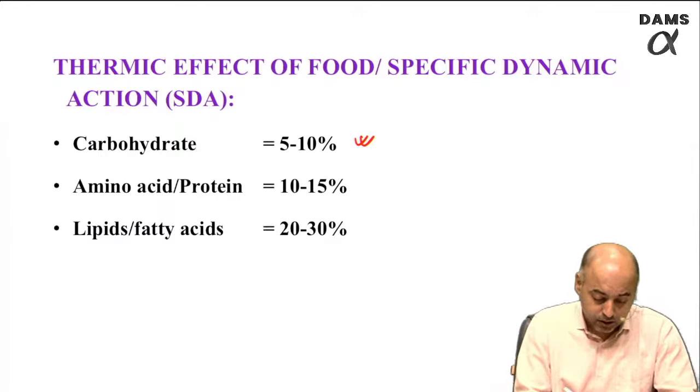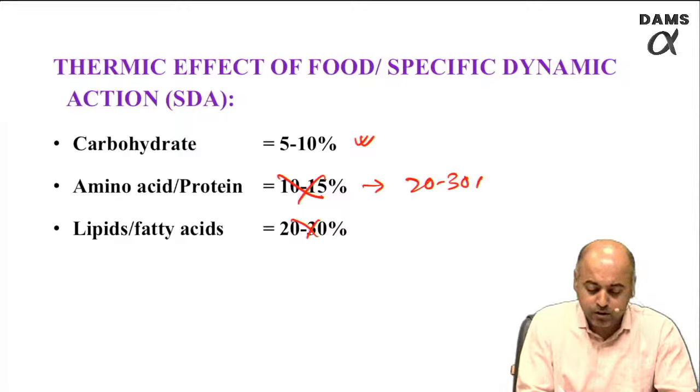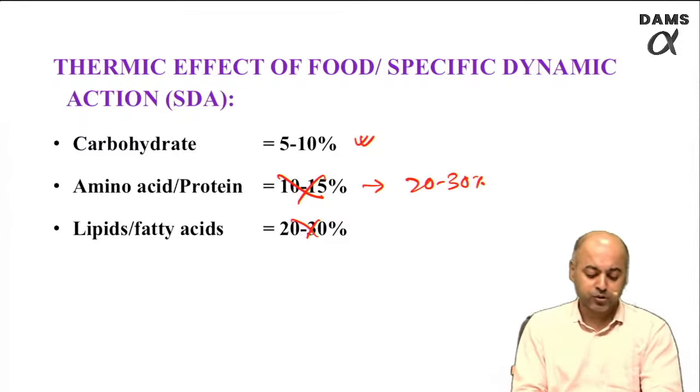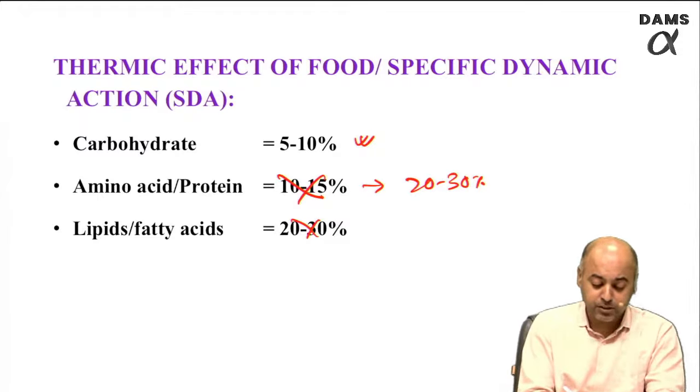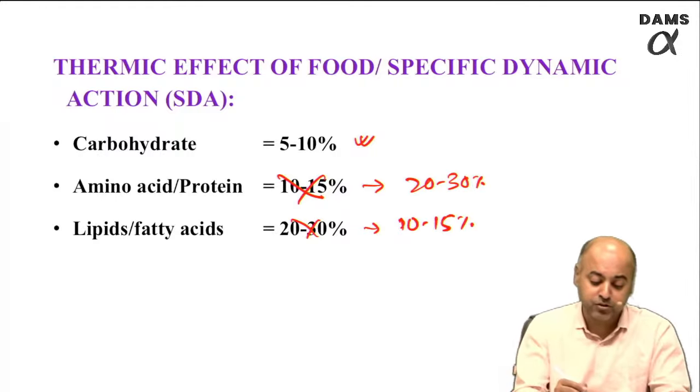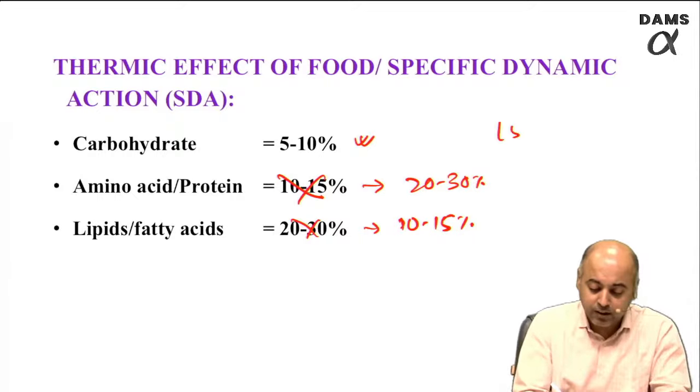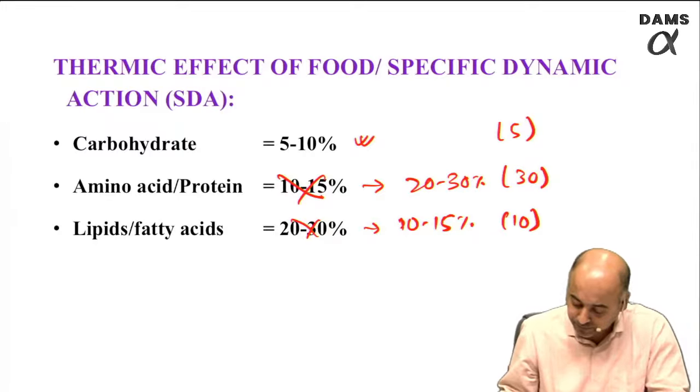For amino acids and proteins, it is 20 to 30%, and for lipids and fatty acids, it is about 10 to 15%. So if you have to write one value, in that case you use the values as 5, 30 and 10.